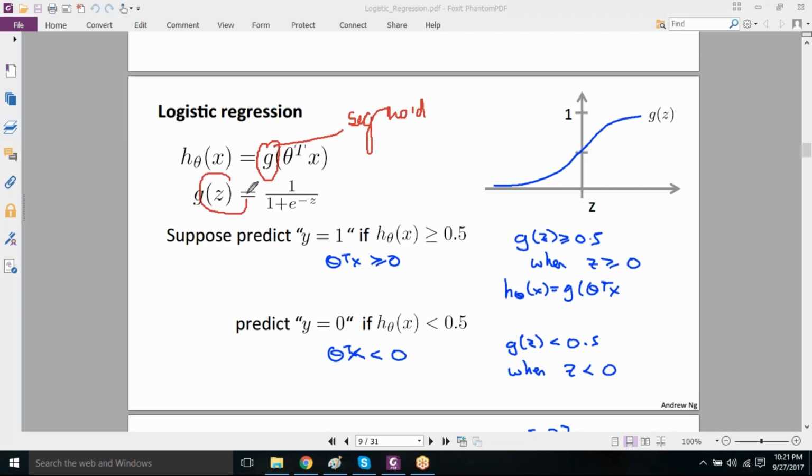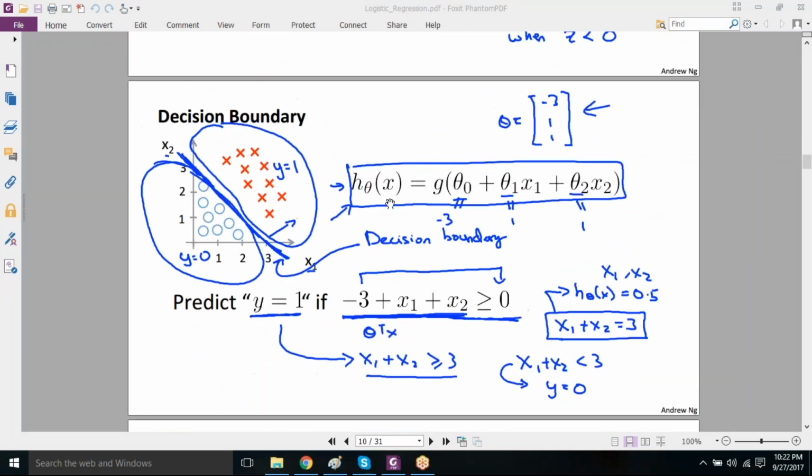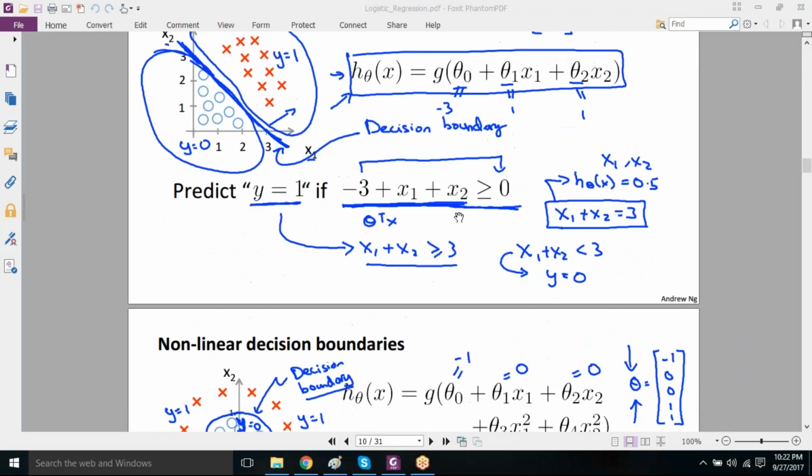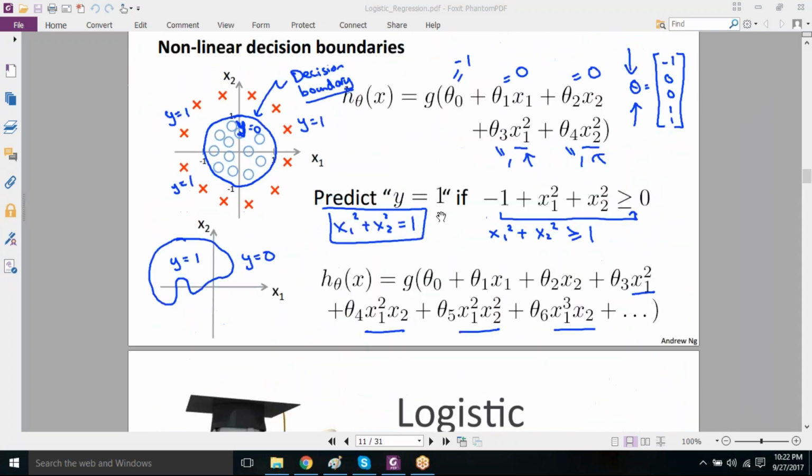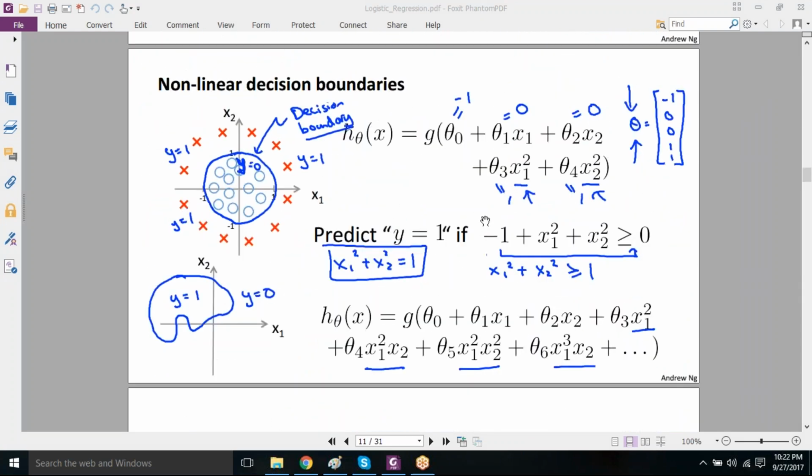You see, this g is defined as this. And this z is basically nothing but this thing. Good enough? Okay. Now, decision boundary and all fine.